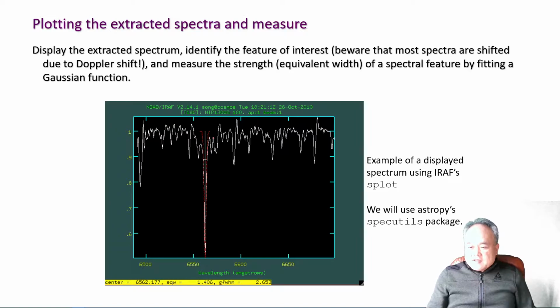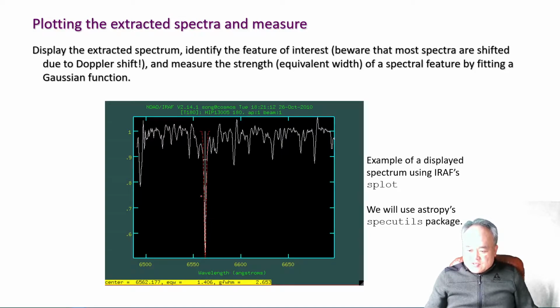This H alpha emission line is displayed after the continuum normalization, so that the pseudo continuum is fluctuating around unity. From that you can deduce that this spectrum was already continuum normalized.